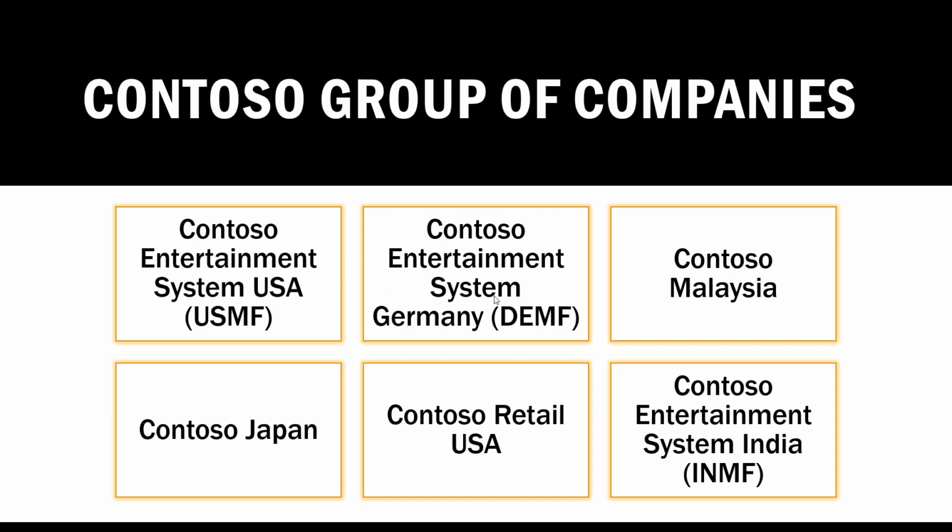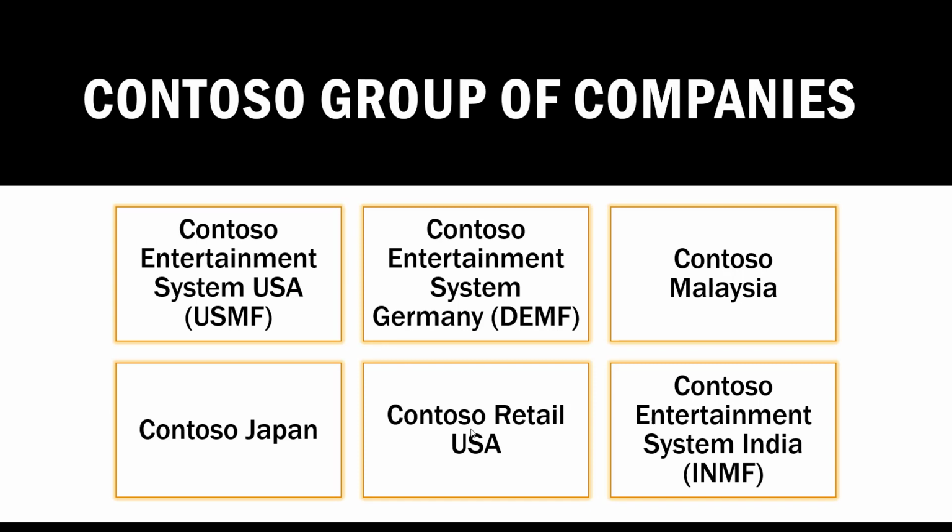So all these are established as separate companies, or you can also call them legal entities in terms of Dynamics 365 F&O, right? So the way to look at this is that within United States, we have two legal entities. One is Contoso Entertainment System USA and then Contoso Retail USA.